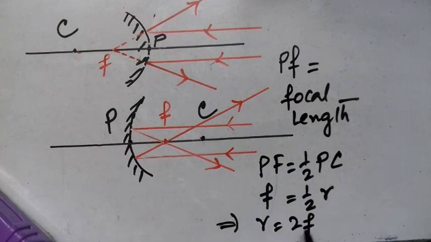The radius of curvature is twice the focal length. This is the relationship between radius of curvature and focal length.